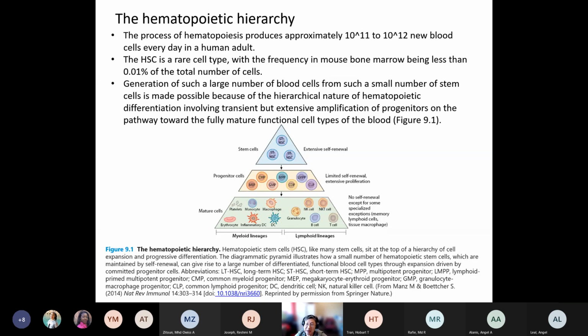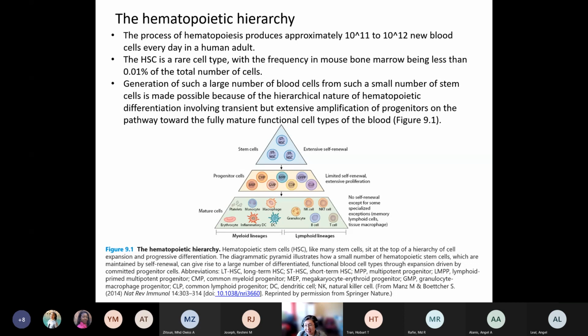So you compare the power and the limited number of hematopoietic stem cells in bone marrow, you will feel it's amazing how the small number of hematopoietic stem cells can give rise to so many terminally differentiated cells every day. That is because this is a hierarchy.